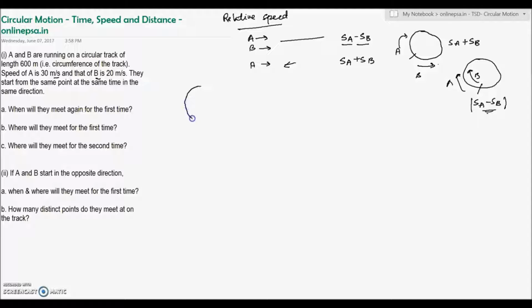So let us draw that circle. Okay, and this entire track is of length 600 meter. It is given in the question. A and B start off from the same point and in the same direction.